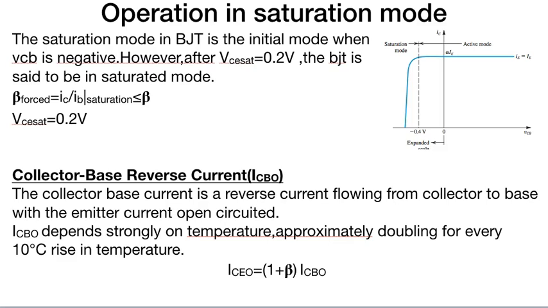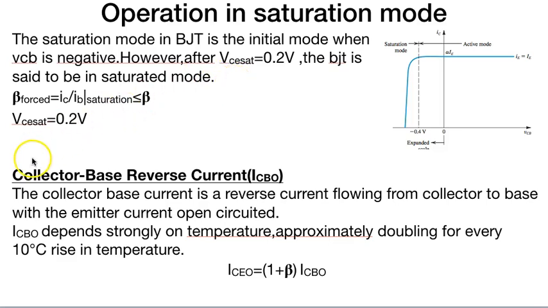Operation in saturation mode. In saturation mode, a BJT has VCE equal to 0.2 volts and IC is less than IC sat. These two equations help in determining the currents and other parameters in saturation mode.